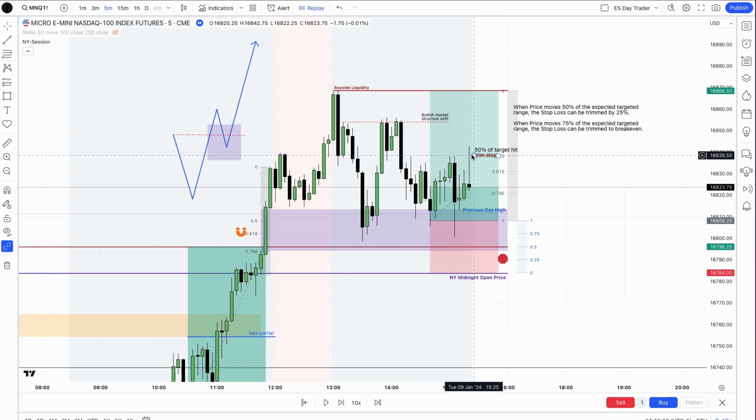Right here, it hits 50% of our target, and according to ICT, when price moves 50% of the expected target range, the stop loss can be trimmed by 25%. So as soon as it hits this, we can move our stop up 25%.